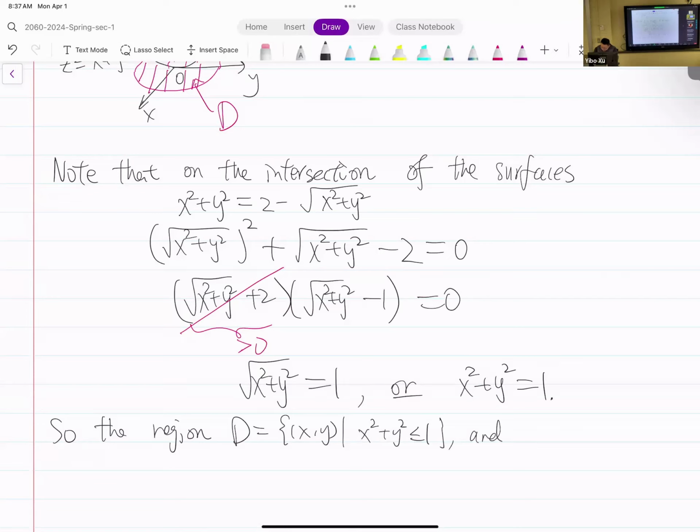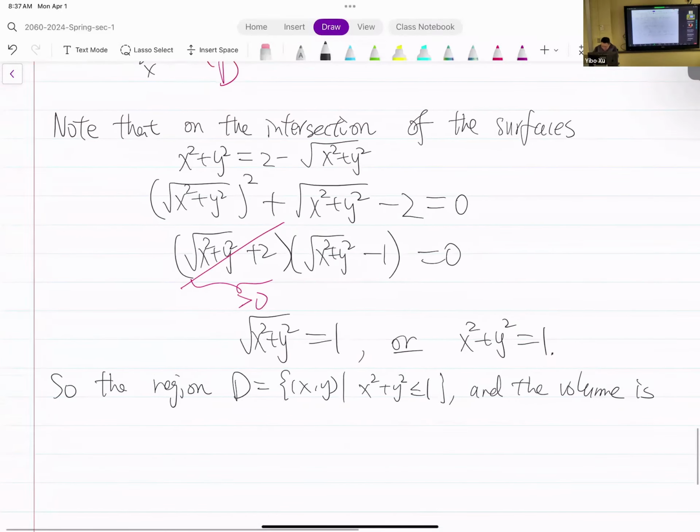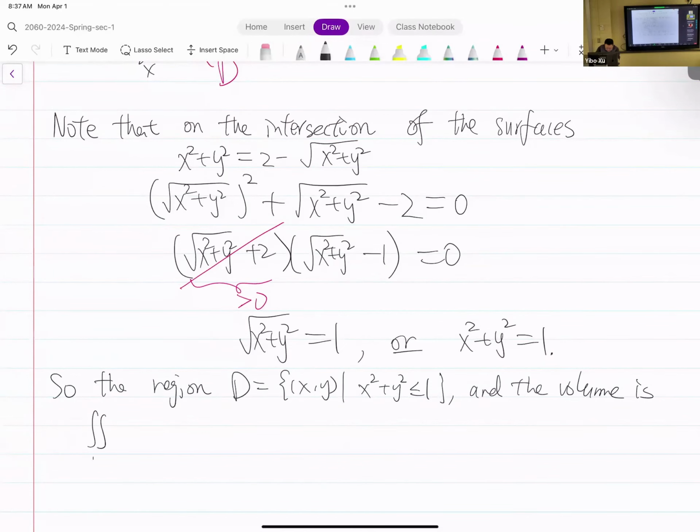And the volume we can describe as the double integral over this region D. The height here is actually the upper bounding surface minus the lower bounding surface, right? So this is the cone minus the paraboloid.